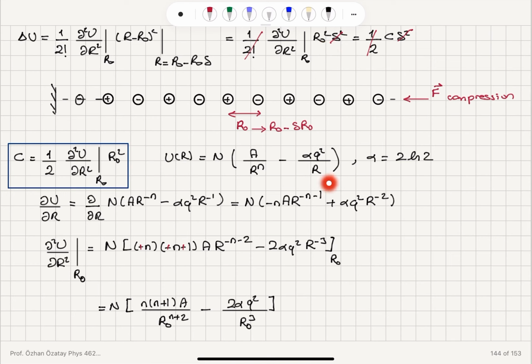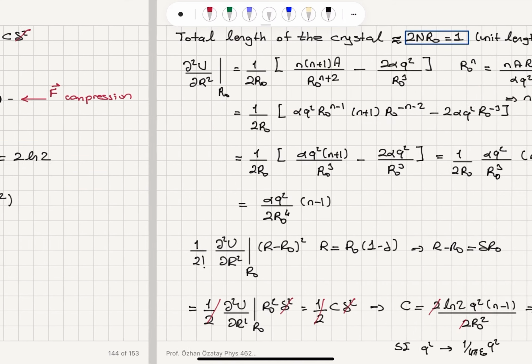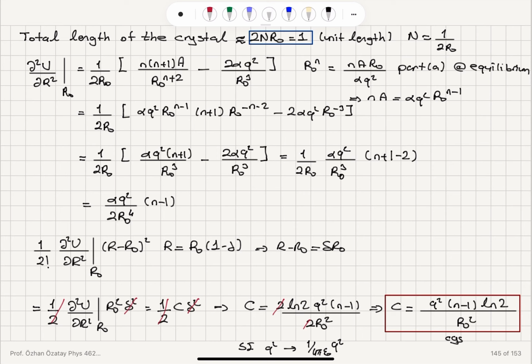Okay, so this is our u of r. Alpha is 2 log 2 from part A. We already had the first derivative in part A. We take another derivative, and then we substitute for 2n r0. The total length of the crystal is actually 2n minus 1 times r0, but 2n can be a large number, so this is approximately 2n r0.